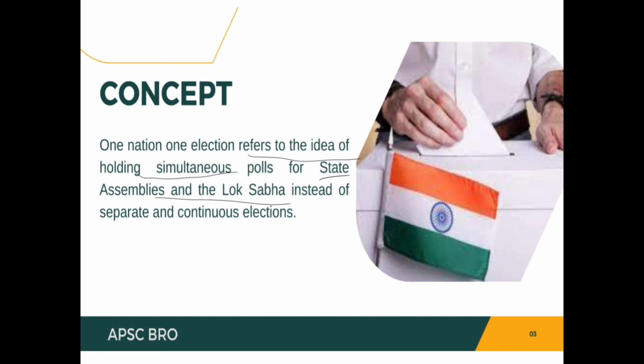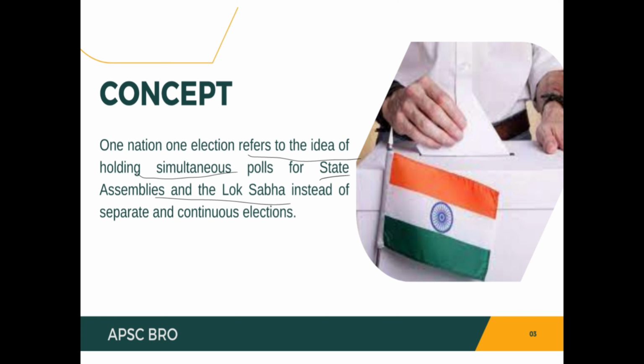Like some states will go into election this year, some next year, some in 2025. So we are going into Lok Sabha election in 2024, and the next Lok Sabha election will be in 2029. So we have elections to the Lok Sabha and state assemblies at different times.